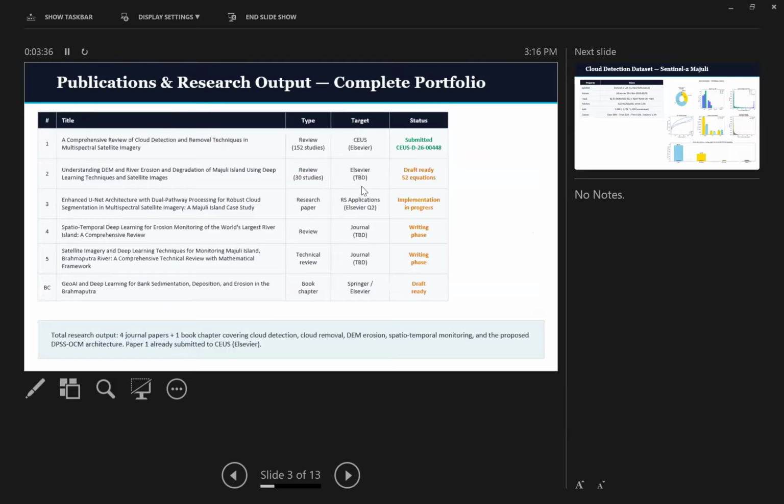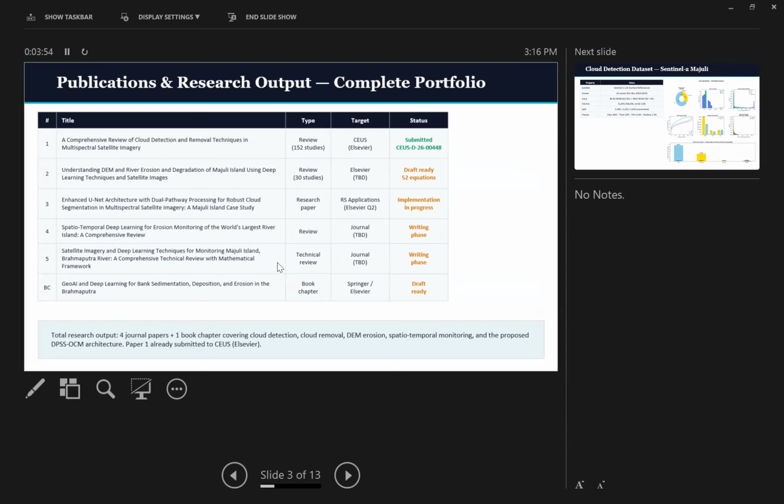Right now I have written this complete portfolio of what I have done. I wrote these papers as a review paper. One is the book chapter.